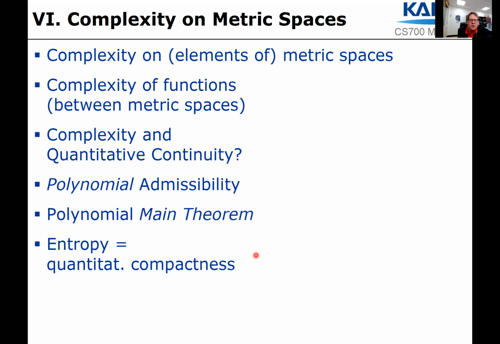And the notion of polynomially admissible would involve a quantitative version of qualitative compactness, which is the entropy as introduced by Kolmogorov.